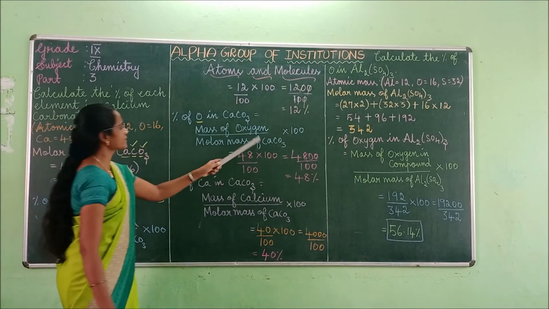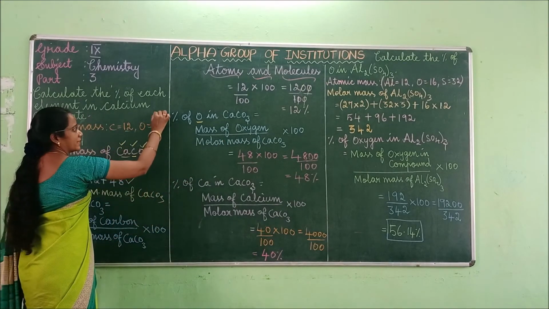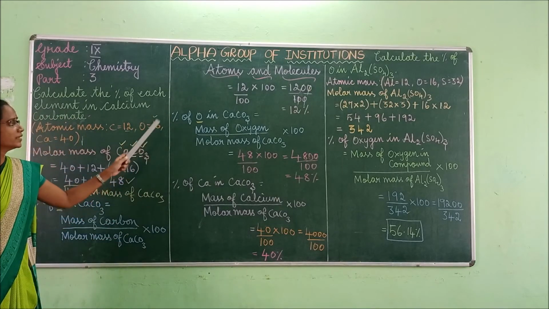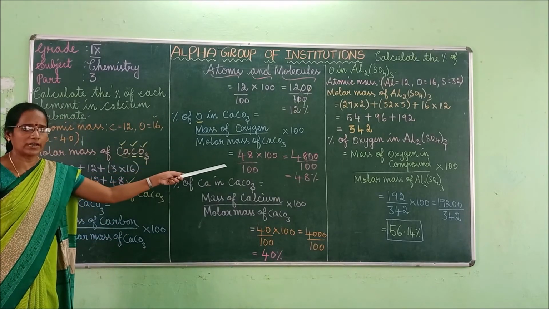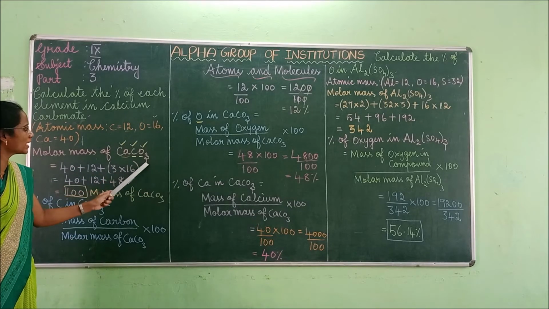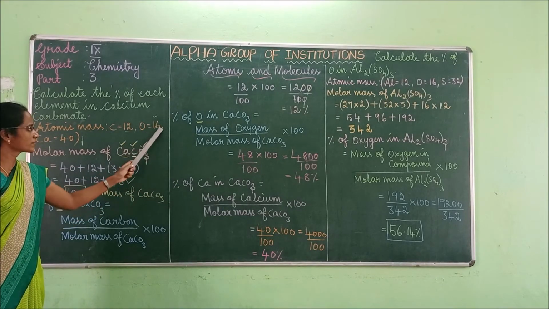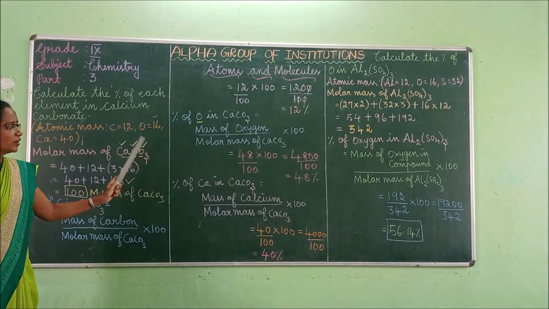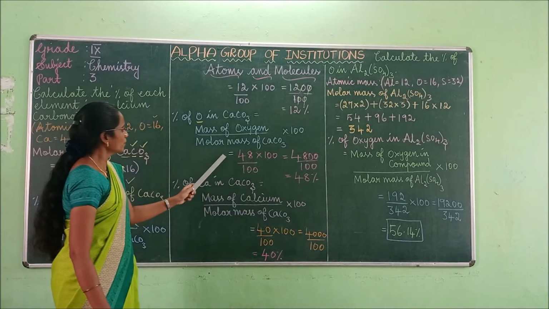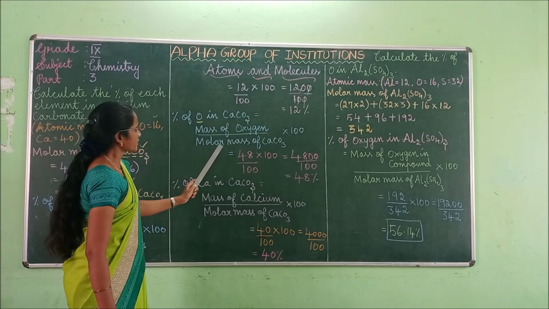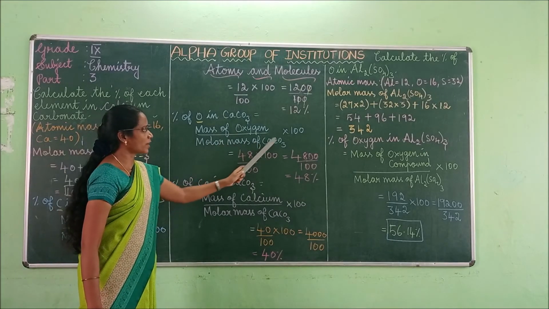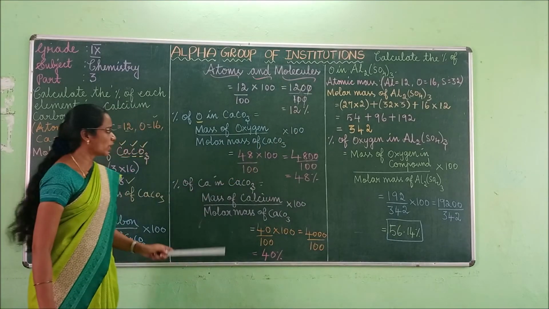Don't simply write 16. If you put 16, then you will get the wrong answer. So you have to count the oxygen atoms also here. 3 oxygen atoms are here. So 16 into 3, that is the mass. So mass of oxygen divided by molar mass of calcium carbonate into 100.